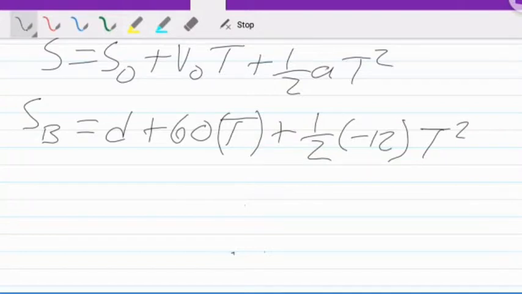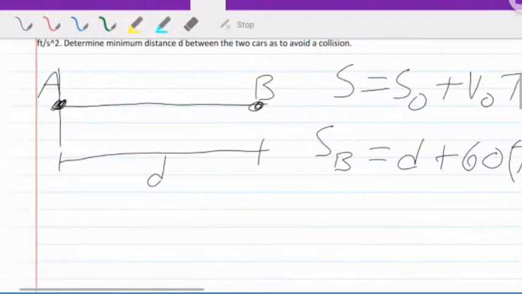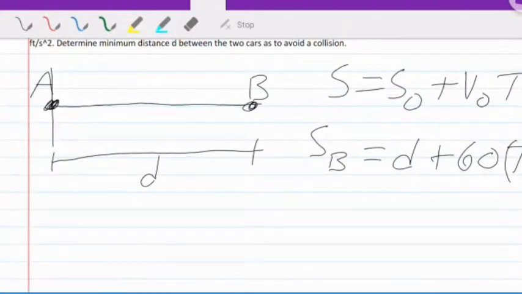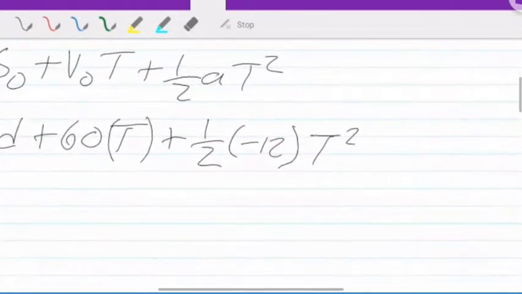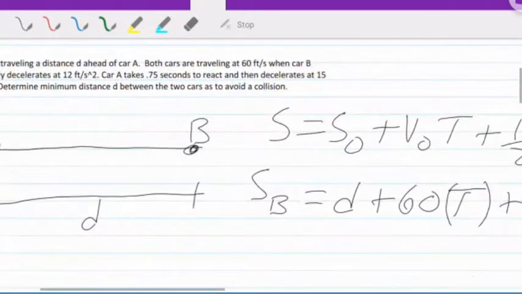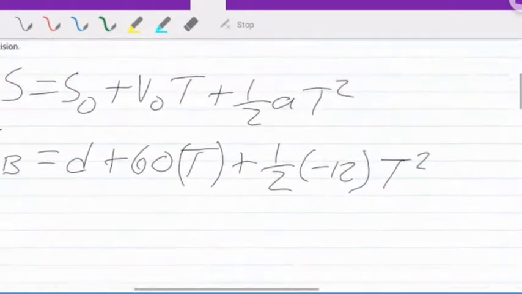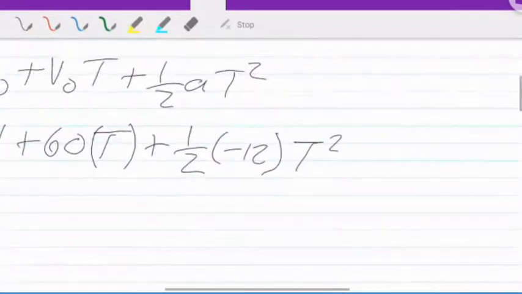The time that we're using in this equation is the time that it takes for these two cars to get to the same velocity. That's why we are not putting 0.75 seconds in there, because we want to see at what time the velocities are the same.